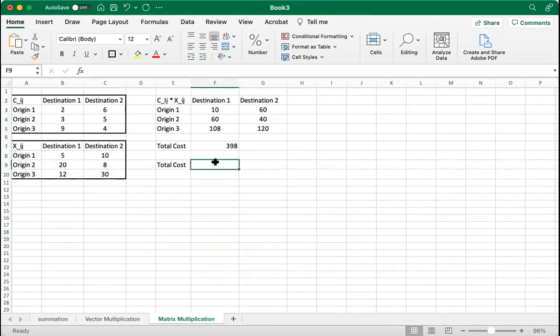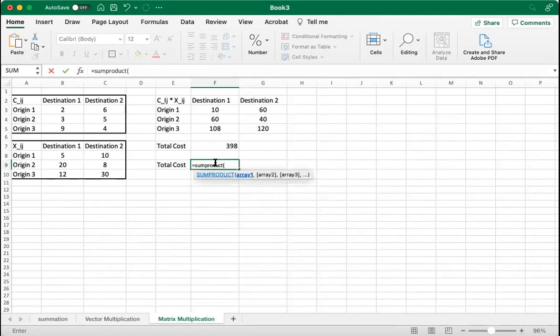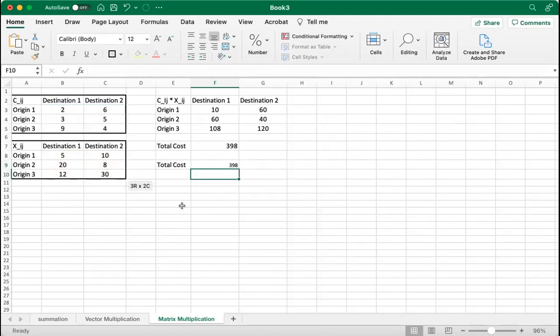So using that, I'm just going to use SUMPRODUCT, which allows us to do matrix multiplication. Select the cost table and the amount table, and that's it. We get the same number. So this is matrix multiplication and summation notation.